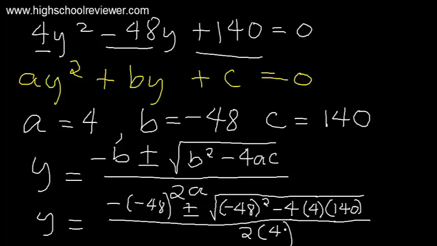Okay, so our y there, we have negative times negative 48 plus minus the square root of negative 48 squared minus 4 times 140 all over 2 times 4. Okay, so let's continue. Again, our y now will be negative times negative 48 plus minus the square root.